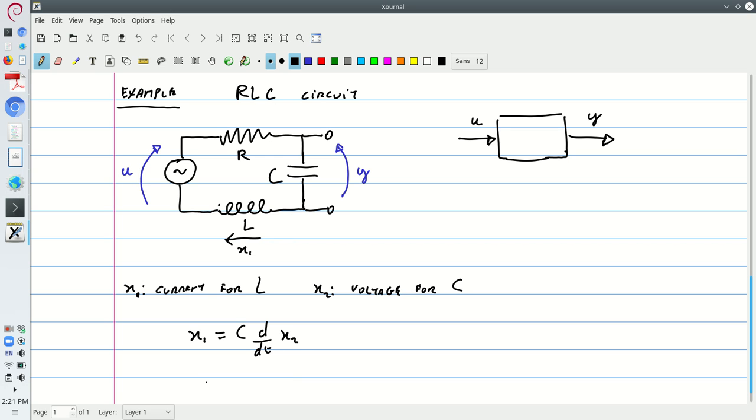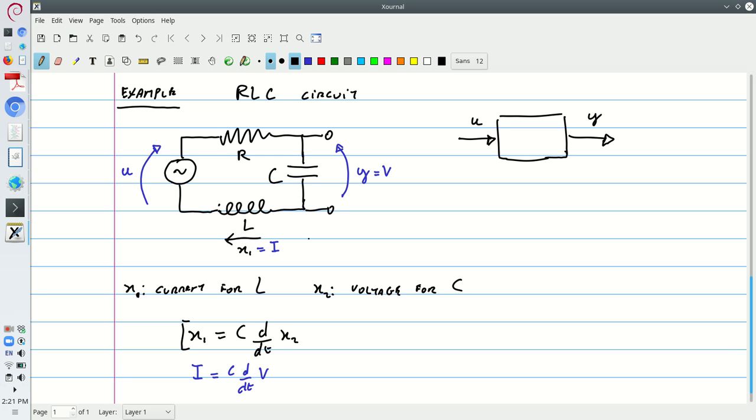This relationship simply tells us that if we call this current I, and we call this instead capital V, we know from the basic relationship that the current that goes through a capacitor is given by C, derivative with respect to time of the voltage applied to the capacitor. So this is one state equation.